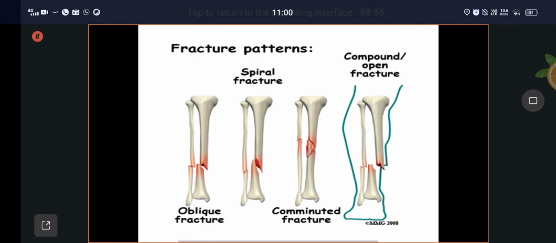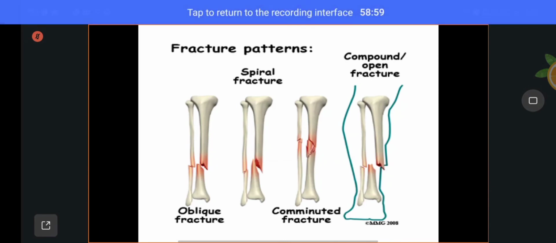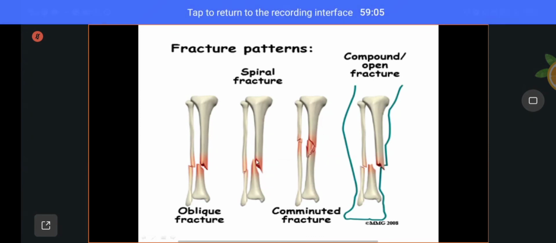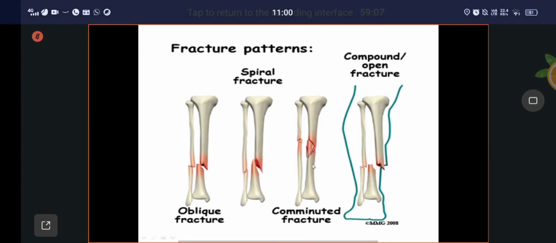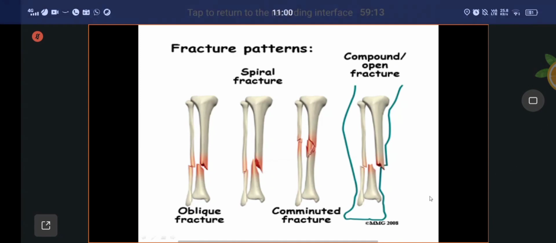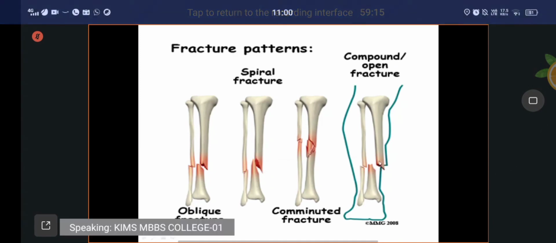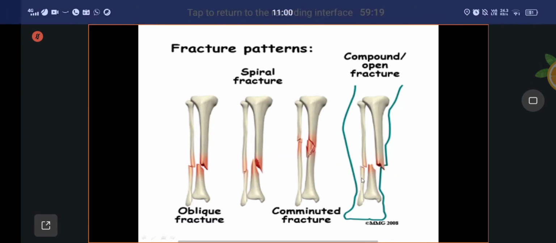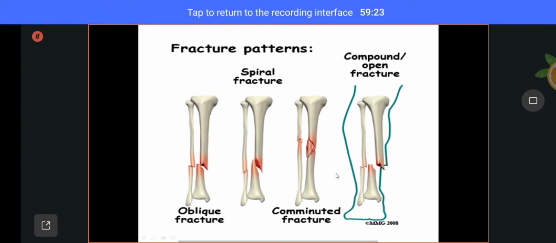Open or compound fractures are dangerous when you compare with unopened fractures. That means the bone will be fractured, but outside the skin will not be damaged. They will be easily healed because of no infection. But once the skin is damaged and the fracture is exposed to the outside, the chances of infection are more.